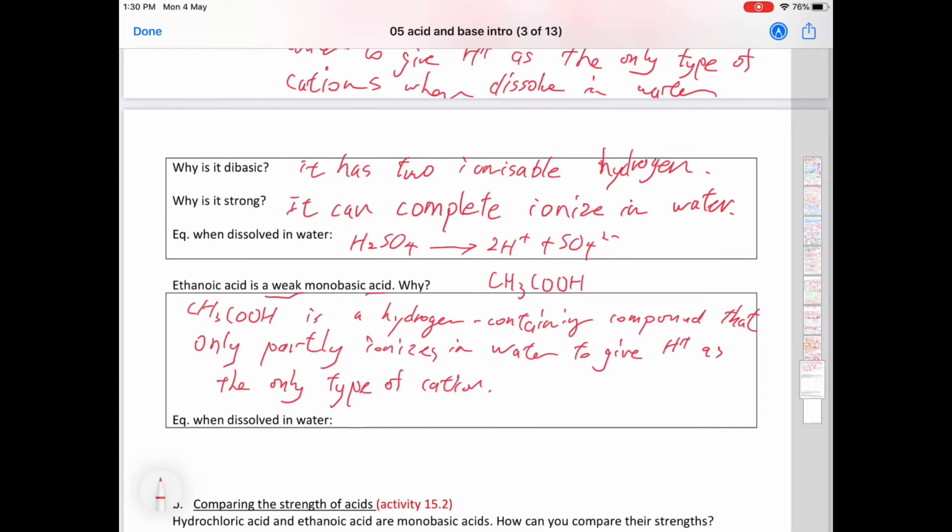Can you see how I merged the two definitions? I just add only partly ionized in the definition of acid to represent that it is a weak acid.